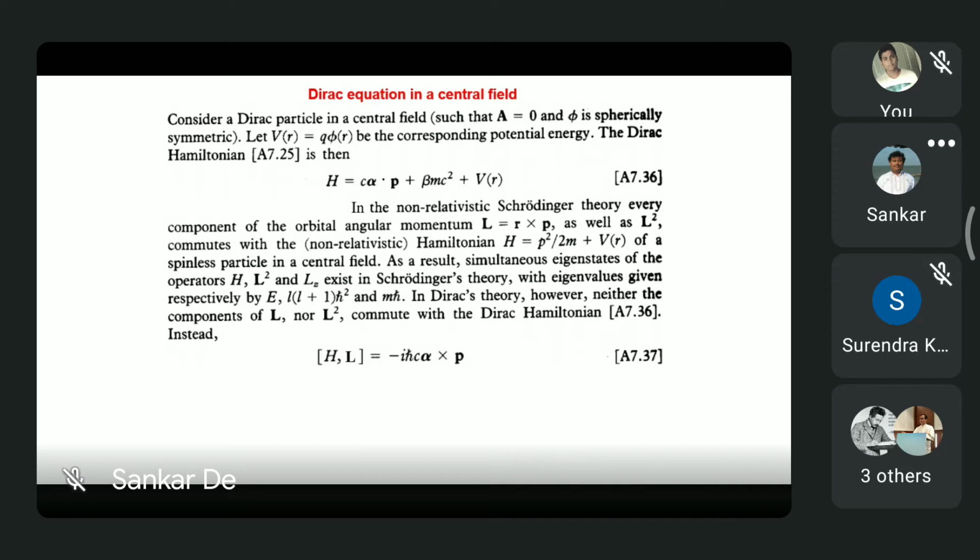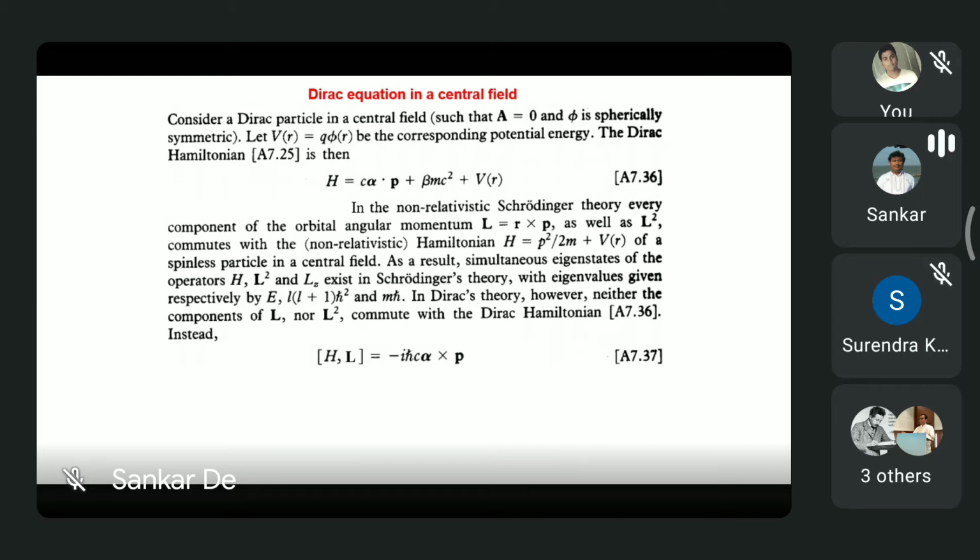In the non-relativistic Schrodinger theory, H, L squared, the Hamiltonian and the orbital angular momentum squared, all commute with each other. But in Dirac theory, this was not the case. In Dirac theory, neither L nor L squared commutes with the Dirac Hamiltonian.